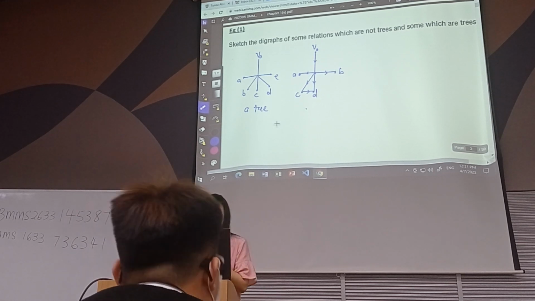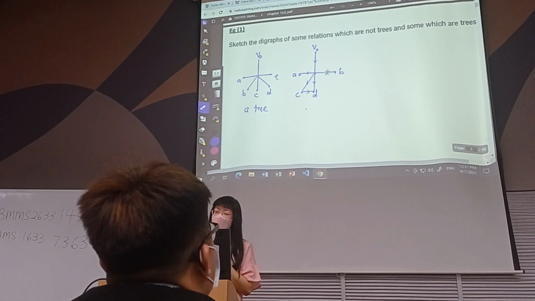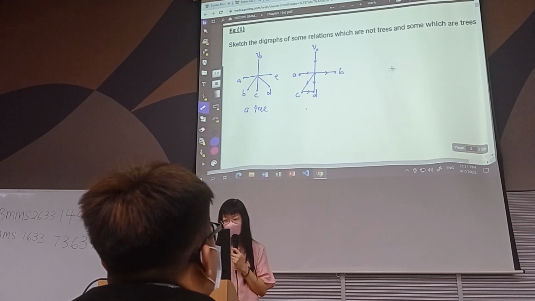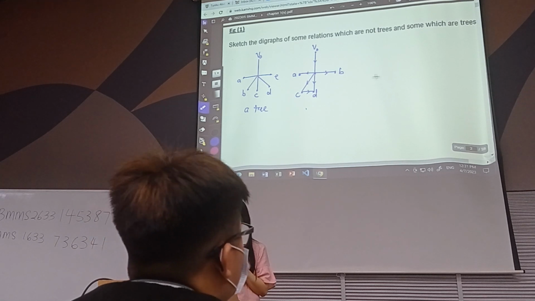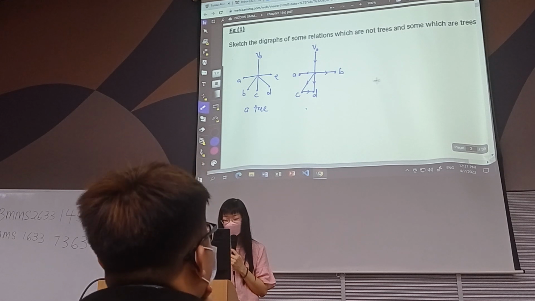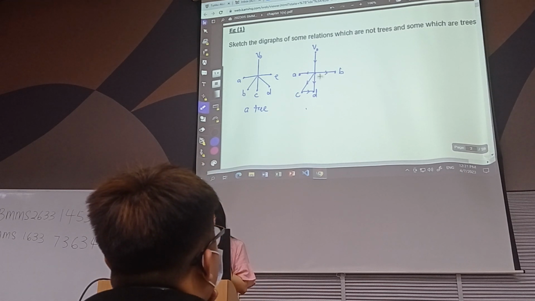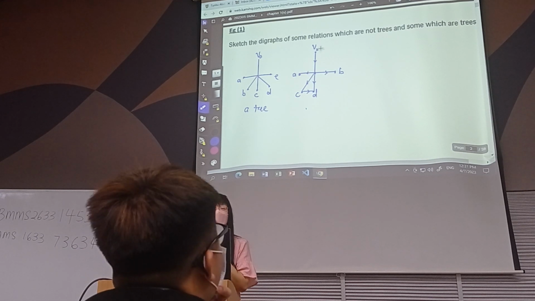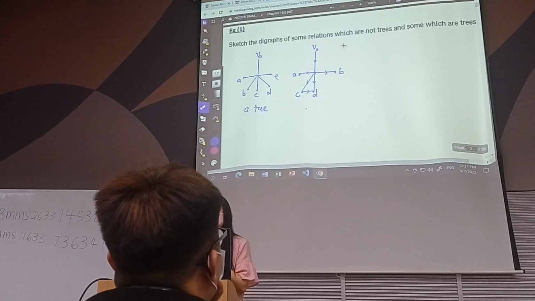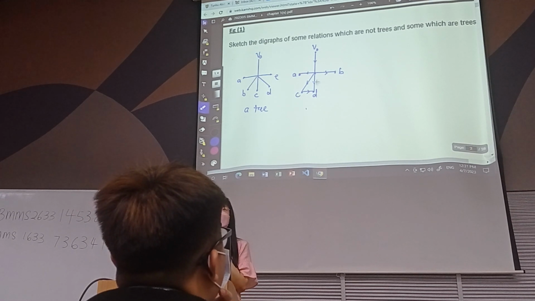It depends on the ordered pair given. Okay, now if the graph is like this, can I say this is a tree? Why not? Just now I said the root cannot have in degree, right? But the other vertices can have in degree.